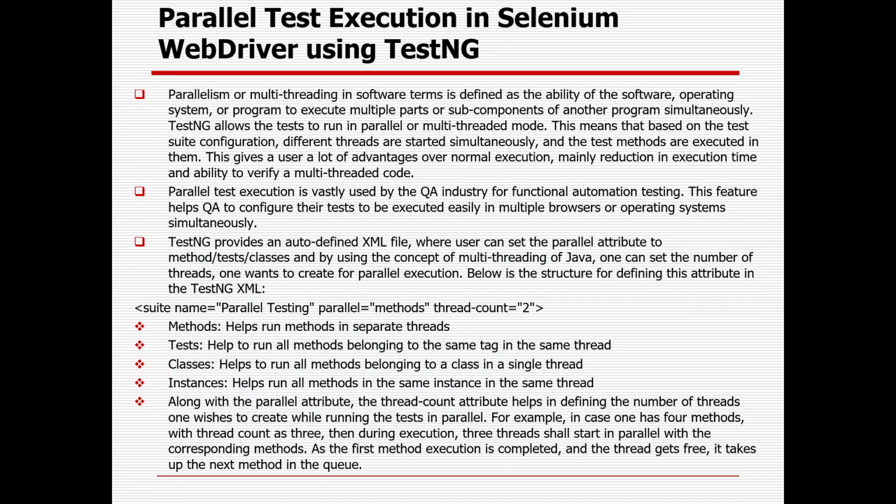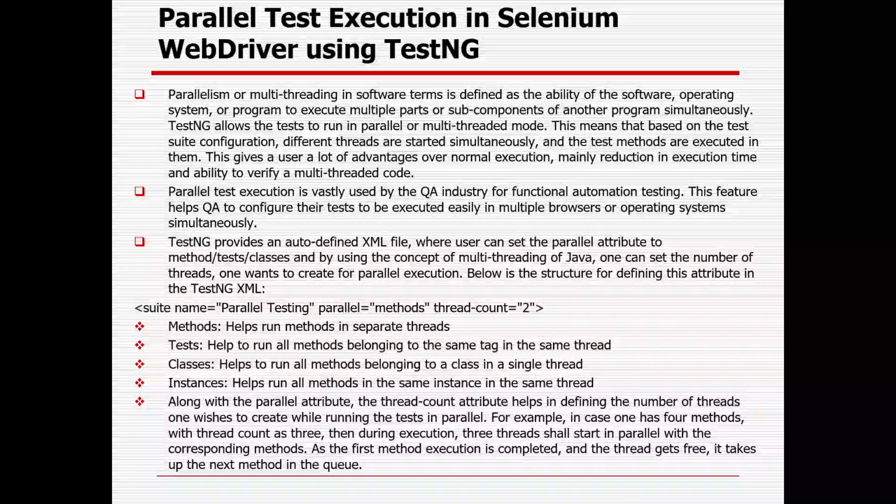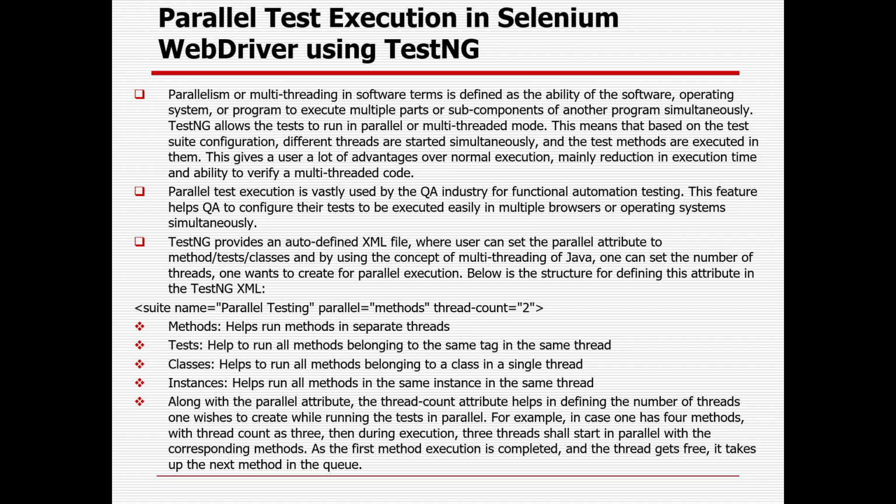Parallelism or multi-threading in software terms is defined as the ability of the software, operating system or program to execute multiple parts or subcomponents of another program simultaneously. TestNG allows tests to run in parallel or multi-threaded mode. This means that based on the test suite configuration, different threads are started simultaneously and the test methods are executed in them.